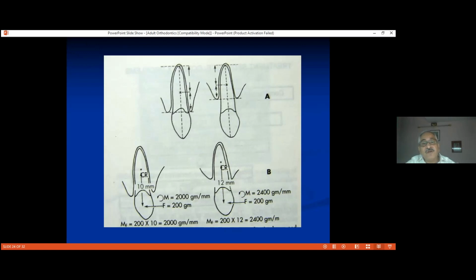The bone will be subjected to increased forces and thereby more loss of bone. Hence, in periodontally compromised teeth, we cannot change the center of resistance, the force application and the distance from the center of resistance. So we have to reduce the magnitude of the force. So we have to apply lighter forces in these cases.